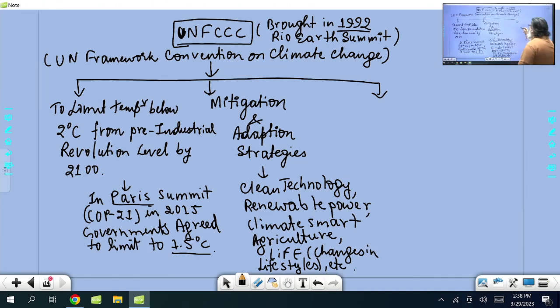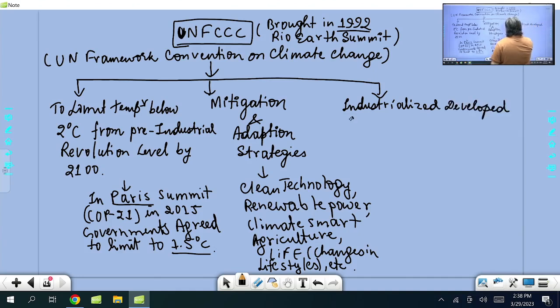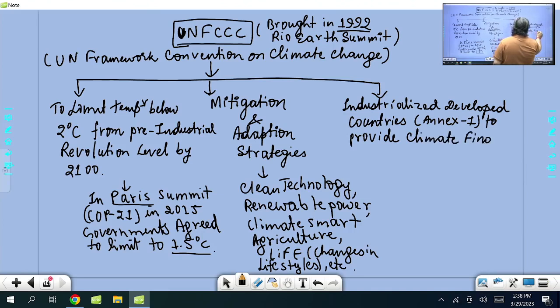And the third thing is that industrialized, developed countries, which also include the European Union, are called Annex 1 countries. They are to provide climate finance to fight climate change.